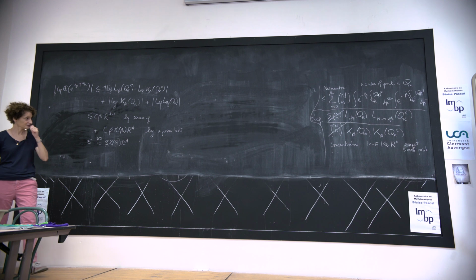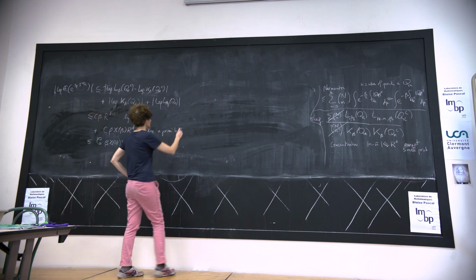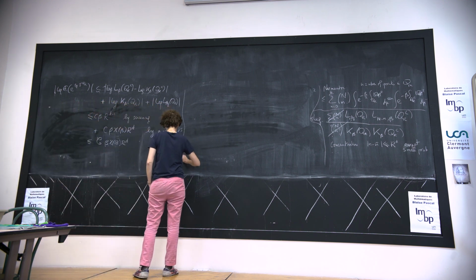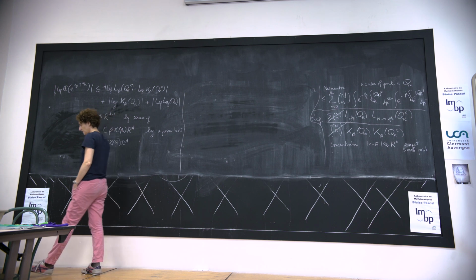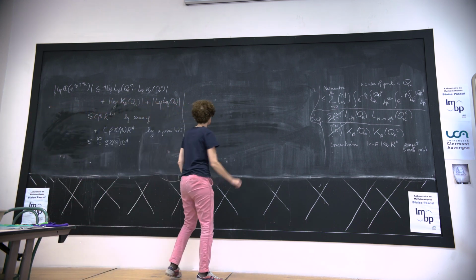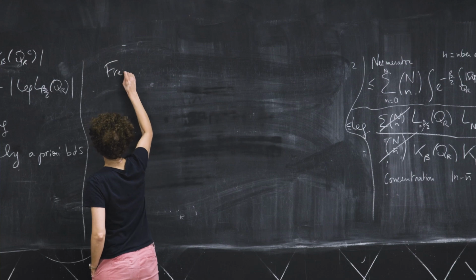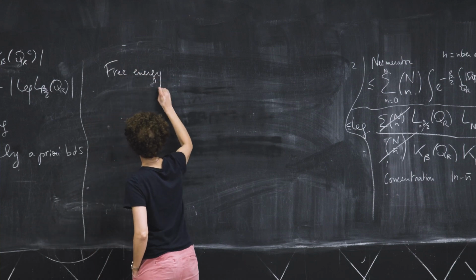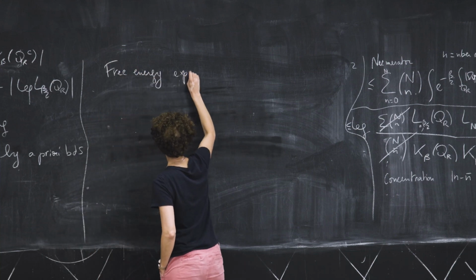So that completes that thing. And the other thing that comes together with this analysis is now we can get free energy expansions when we have varying background.